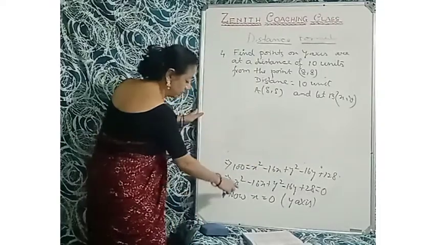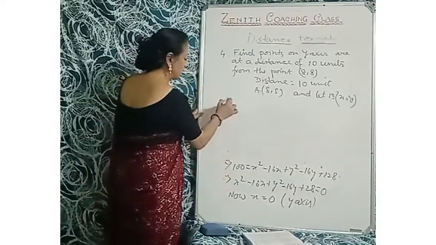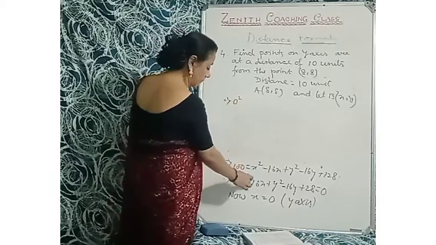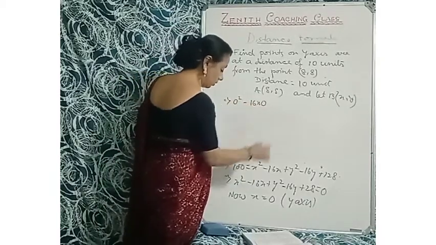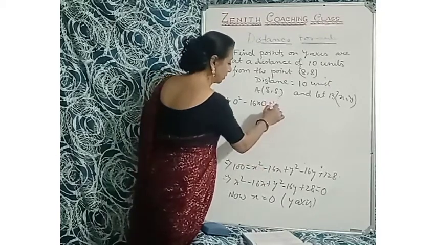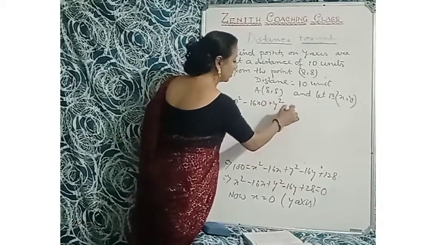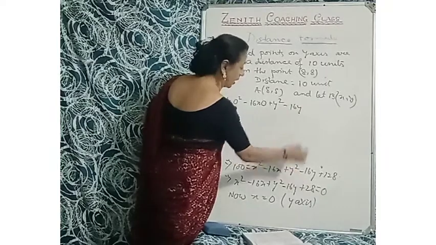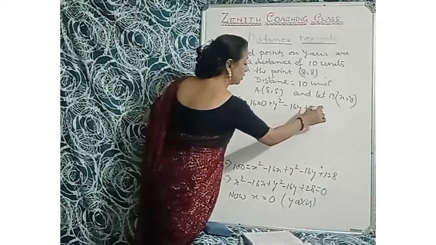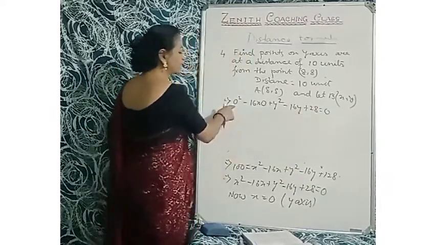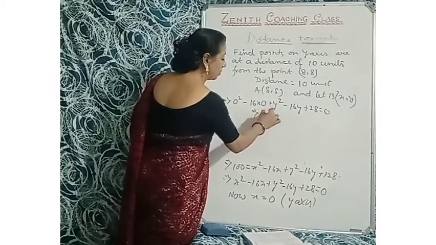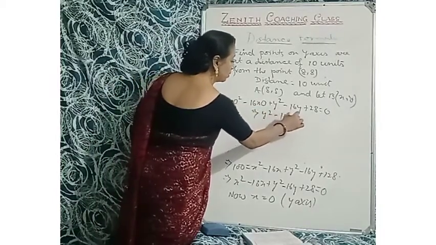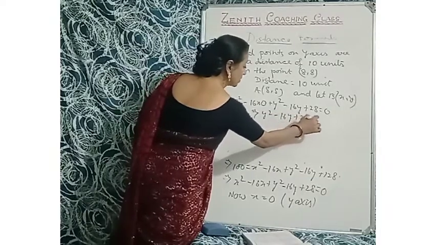So you will write here x square means 0 square, plus minus 16 multiplied by 0, plus y square minus 16y plus 28 equals to 0. So here it is 0, here it is 0. So y square minus 16y plus 28 equals to 0.